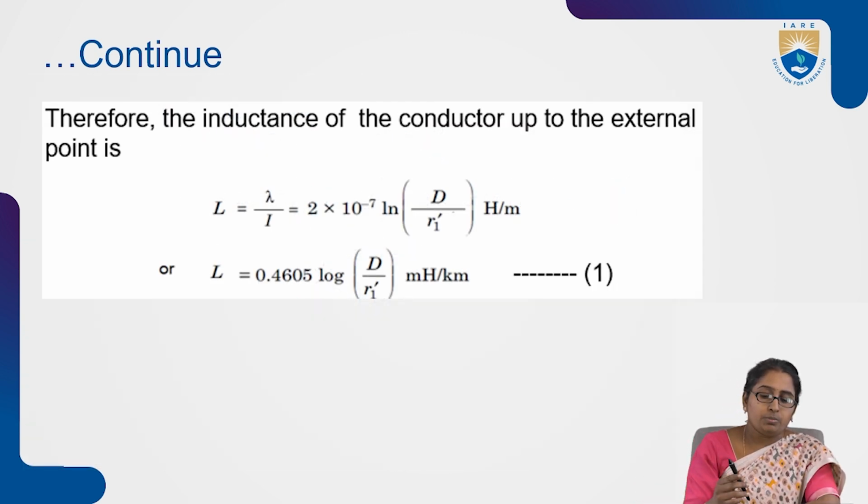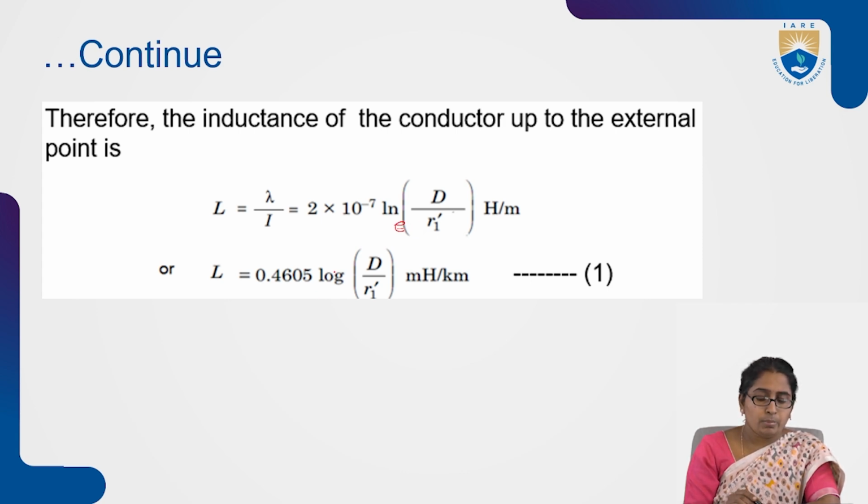So this is what is finally written, the inductance of one conductor, as we know. Again this can be written as 2 into 10 power minus 7 log of, this is log base e, right?